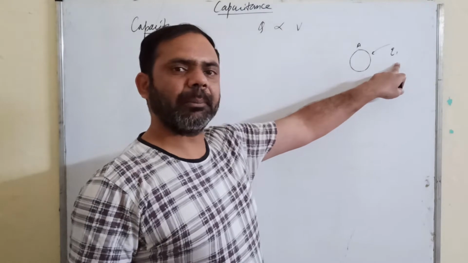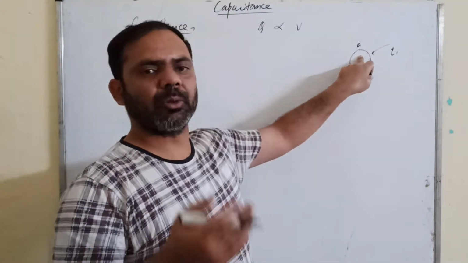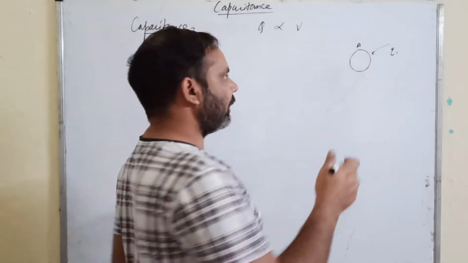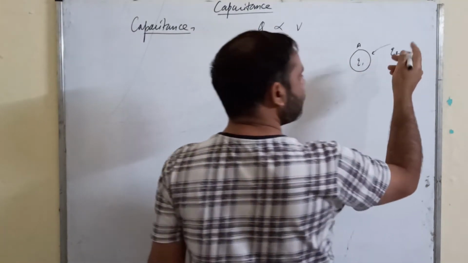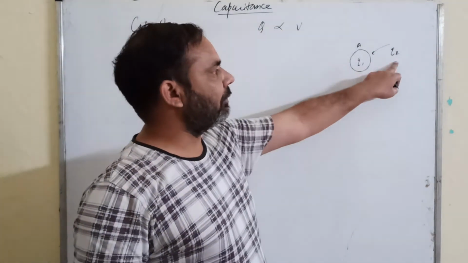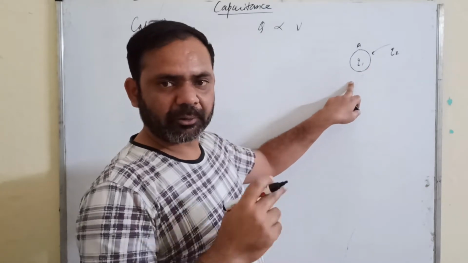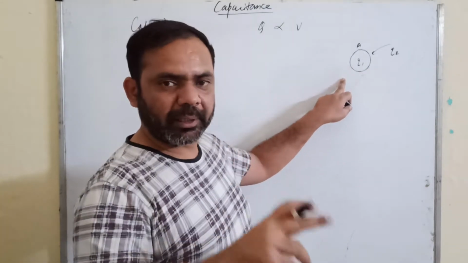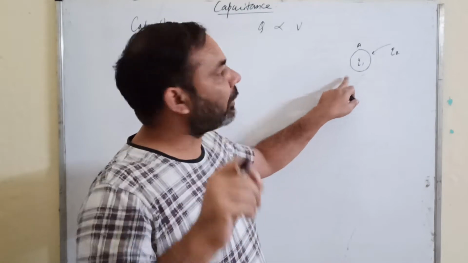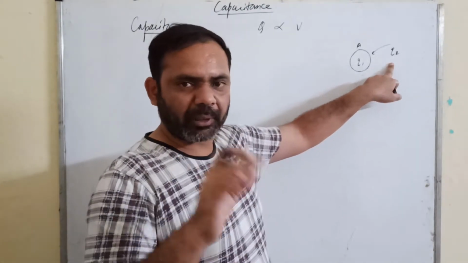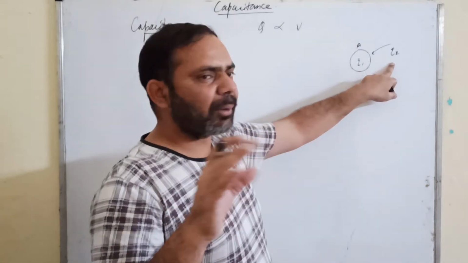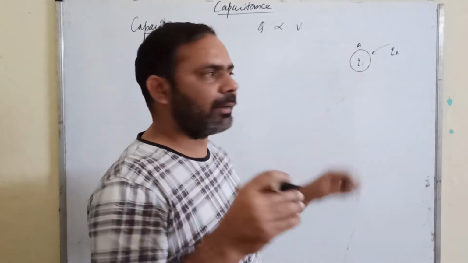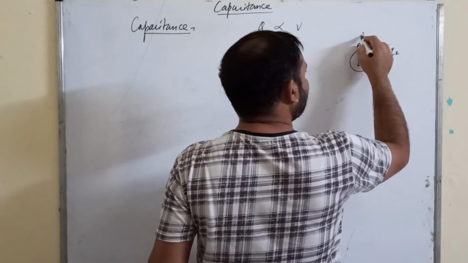That charge can be easily given as there is no charge already there. Now this body is charged with Q1, and now we want to bring the charge Q2. So we will have to do some work against the electrostatic force of Q1. It means that the work done per unit charge is increased, and hence the potential of A is increased.